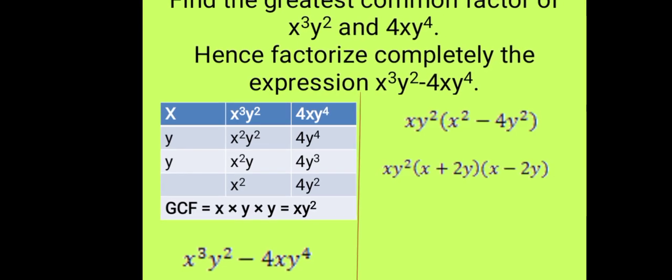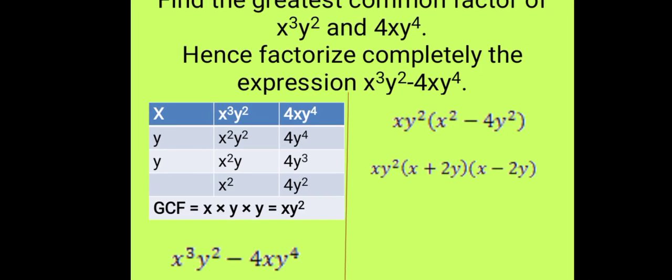Find the greatest common factor of x cubed times y squared and 4xy to the power of 4. Now we can find the greatest common factor using a table.